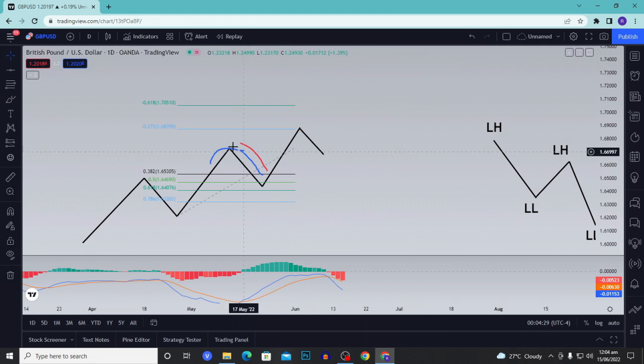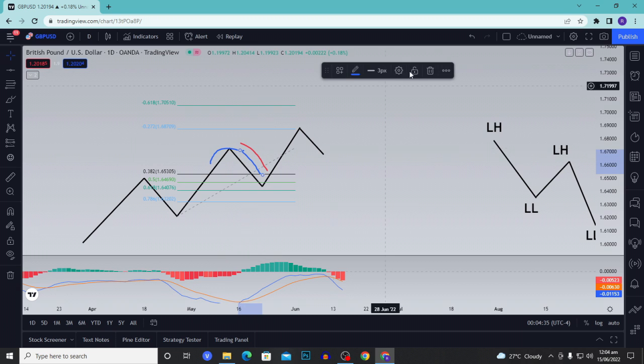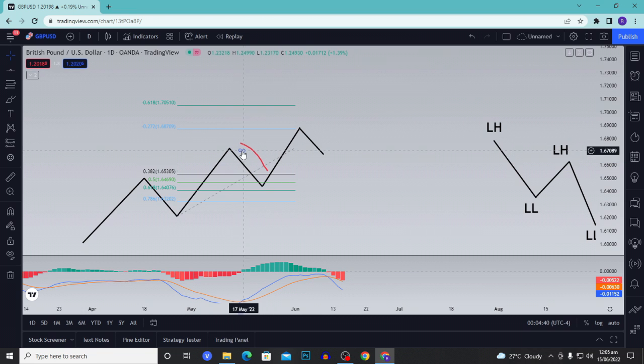This is what we expect the EMAs to look like: the 20 exponential moving average, the red one, above the 10 exponential moving average, and the MACD line below the 0 point on the MACD.